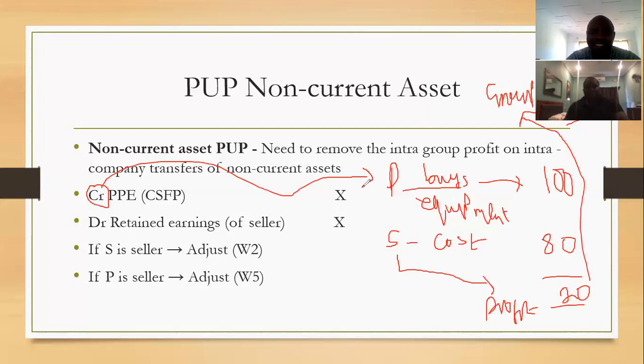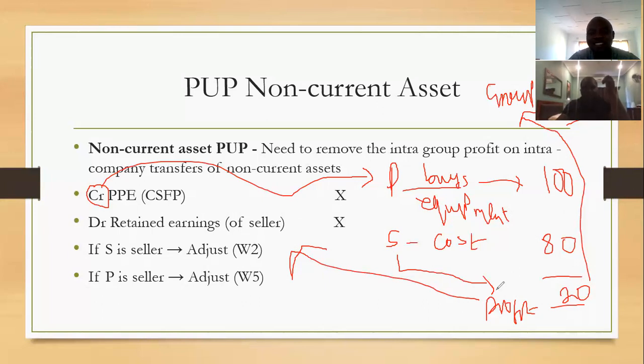Then we know again that the subsidiary recorded that 20 as a profit. So if they recorded it as a profit, it went to the balance sheet. Remember that everything that is in the income statement finds itself in the balance sheet because it comes in as profits, which is added to the retained earnings brought down, which goes into the balance sheet.